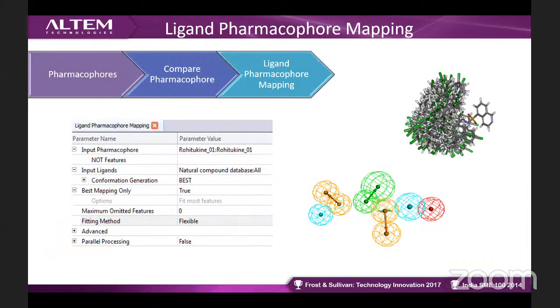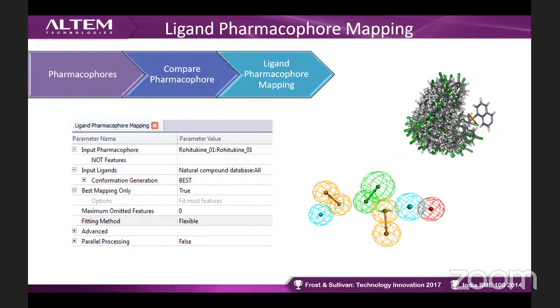So how do you do this mapping? Say for instance, you have a pharmacophore generated. If you want to do ligand pharmacophore mapping, first you have to go to Pharmacophores. Under Pharmacophores, choose Compare Pharmacophores and Ligand Pharmacophore Mapping.